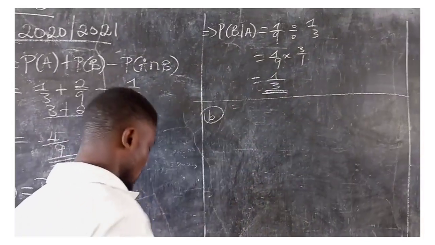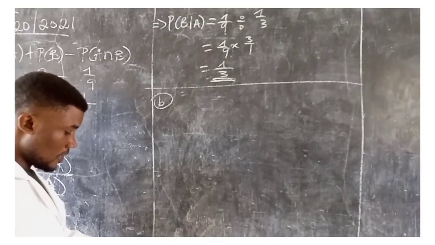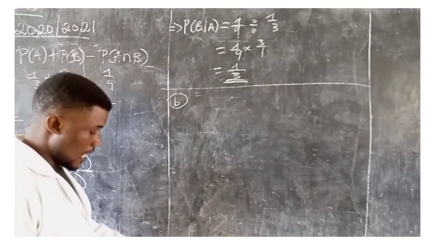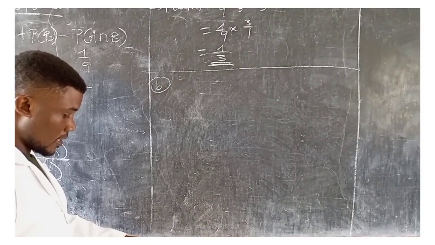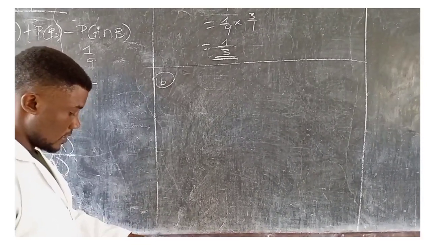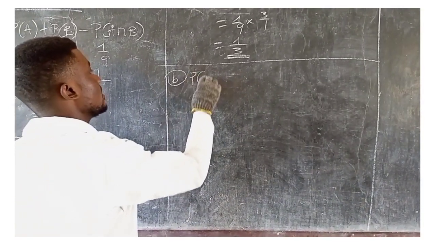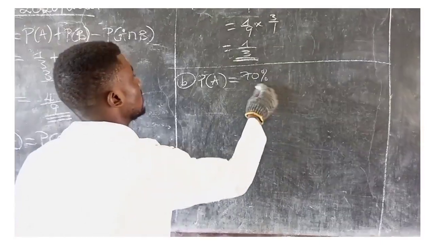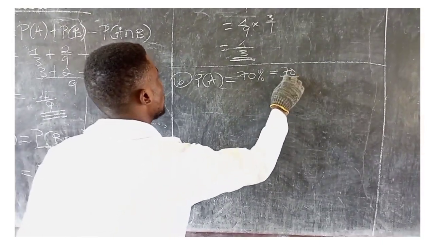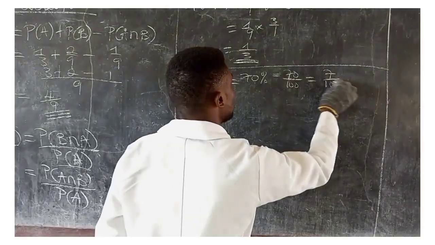The B part: during a Christmas party, a woman prepares 2 types of food, A and B. The food is kept in 2 dishes, large and small. 70% of the food is of type A. So that means that the probability of A is 70%, which of course is 70 on 100, or you can say it is 7 on 10.